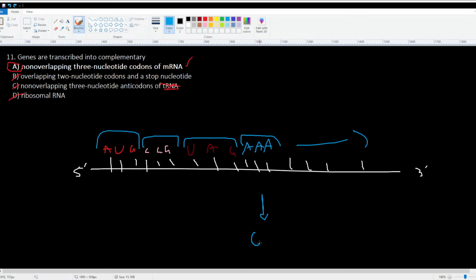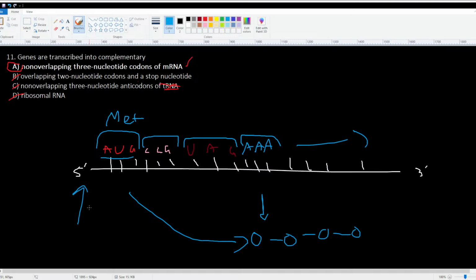AUG, the most popular example, codes for methionine. CCG, I'm not sure for the rest of these; I just use them as examples. So that's a codon. It exists only on the mRNA.